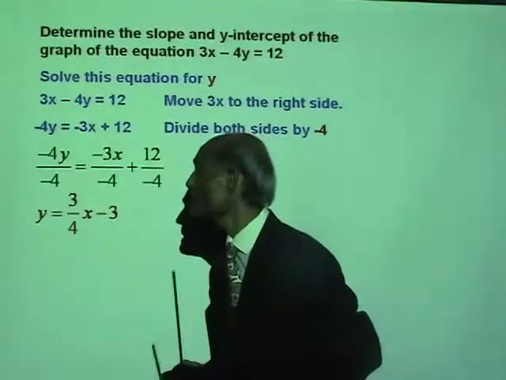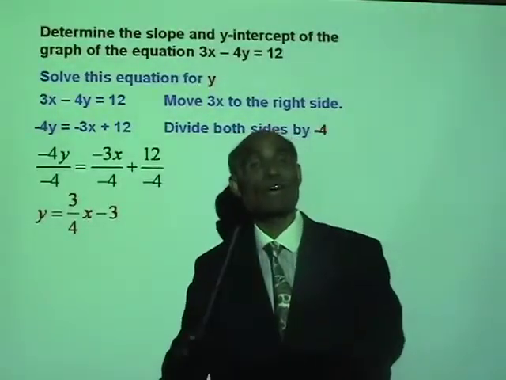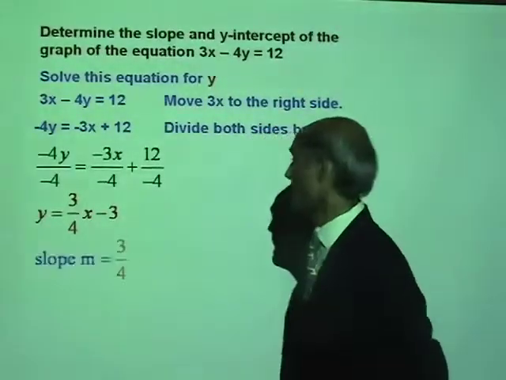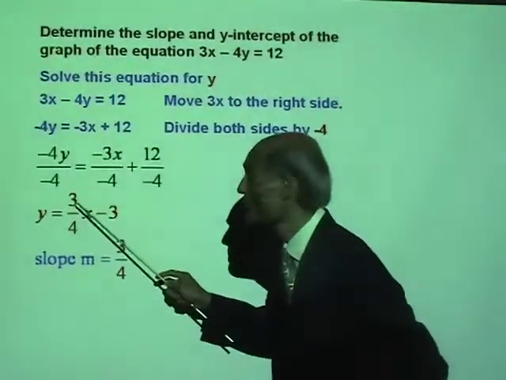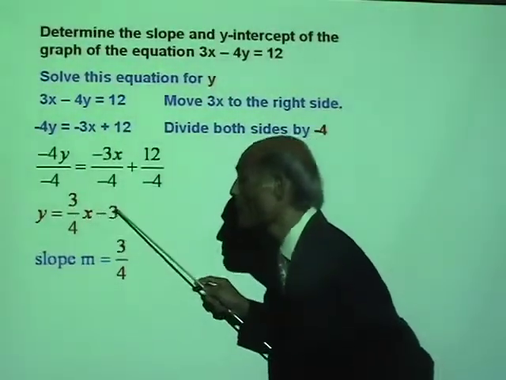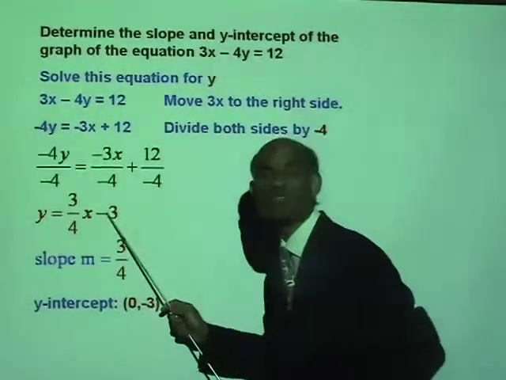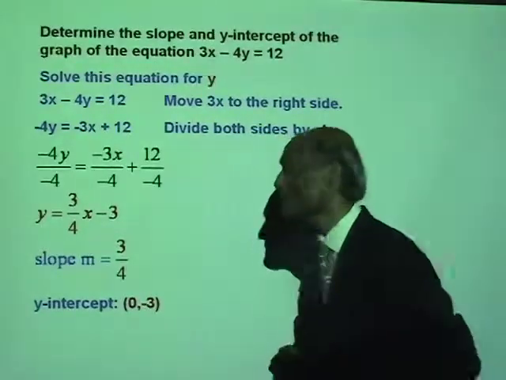So our equation is y equal to 3 over 4x minus 3. Now, slope therefore is this, y equal to mx plus b. The value of b is negative 3, means the y-intercept is 0, negative 3.